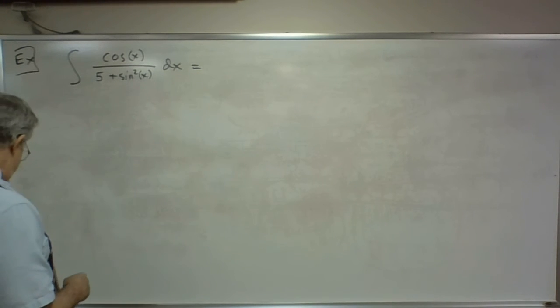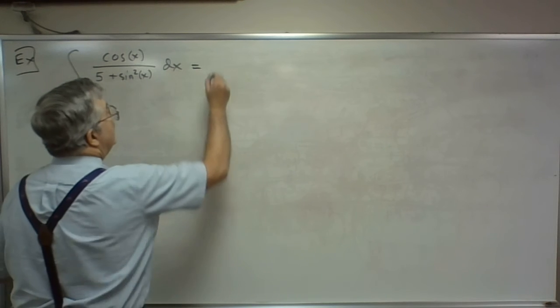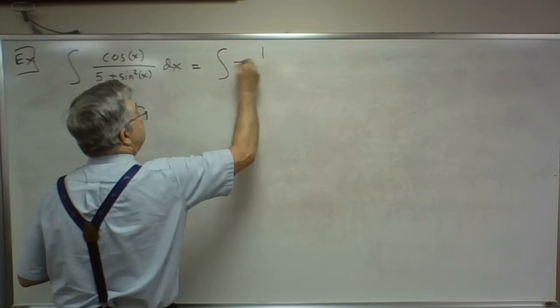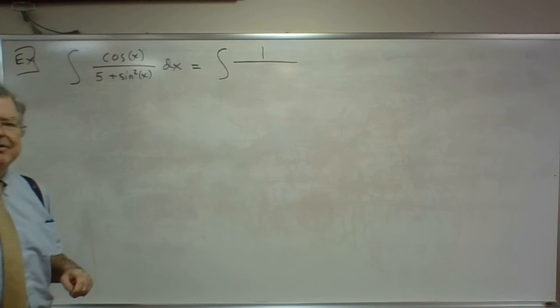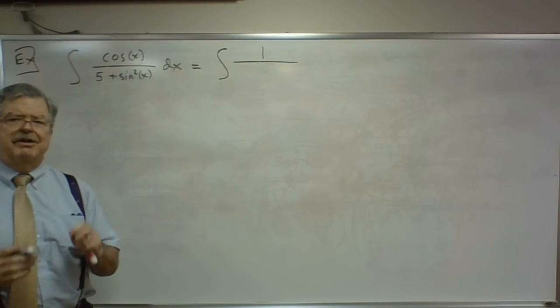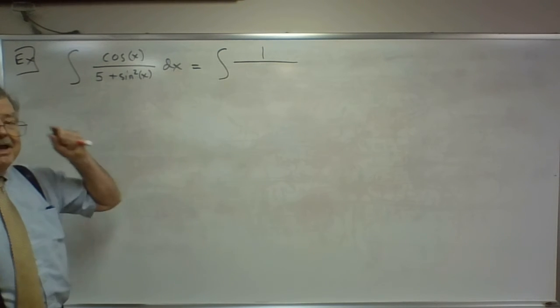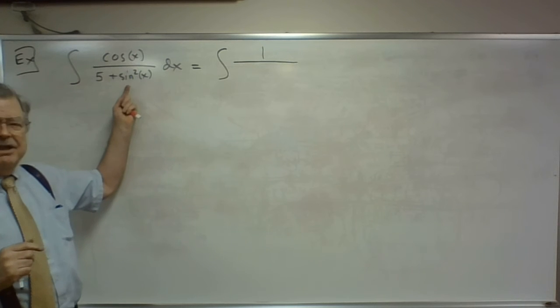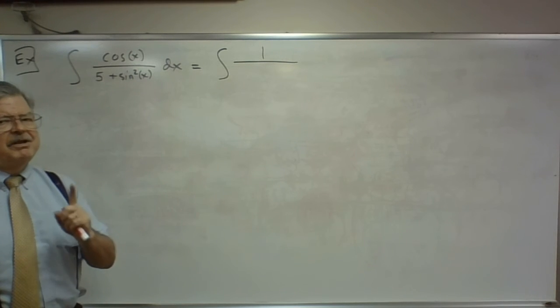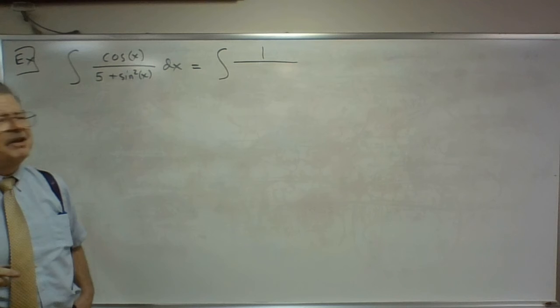Here's what I'm thinking. I'm thinking that it actually does fit the form that gives an inverse trig function. And since there's no radical here, it's got to be the formula that gives us arctangent of something.